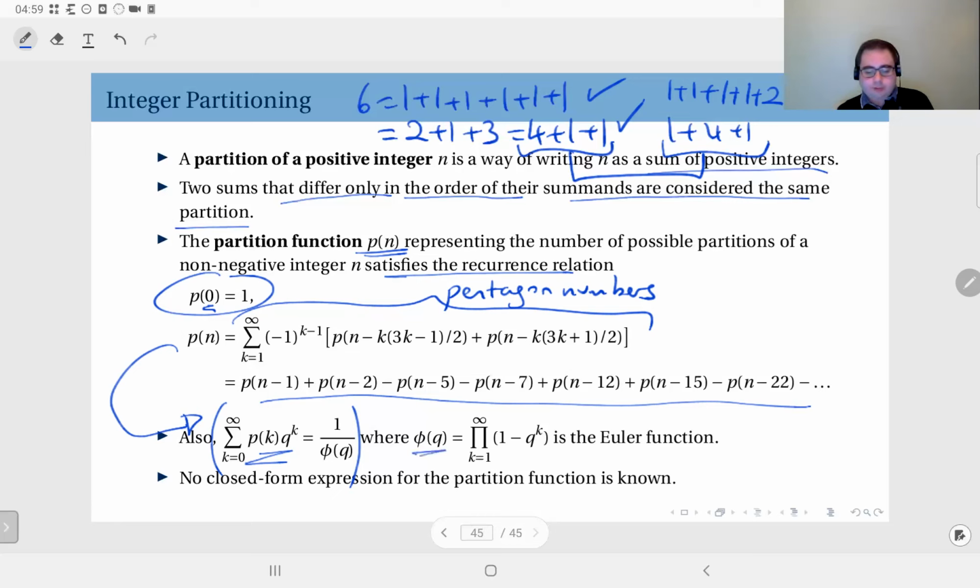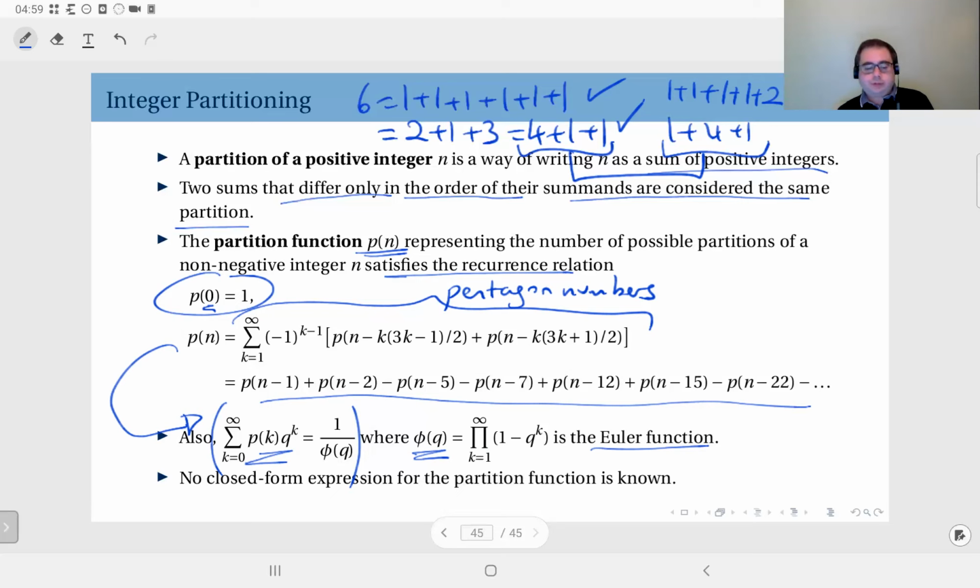This function is quite a famous function called the Euler function, named after Euler, and it's quite important in a lot of problems. It arises in a lot of applications.